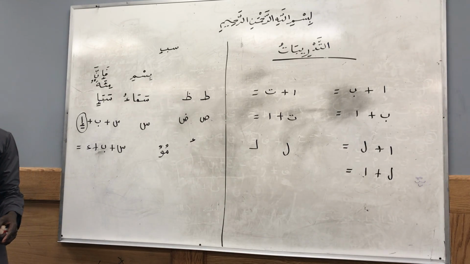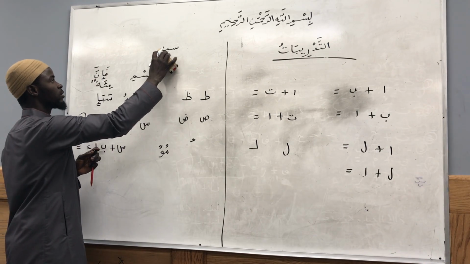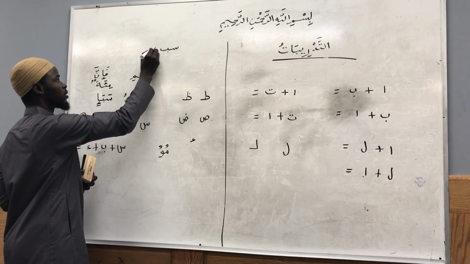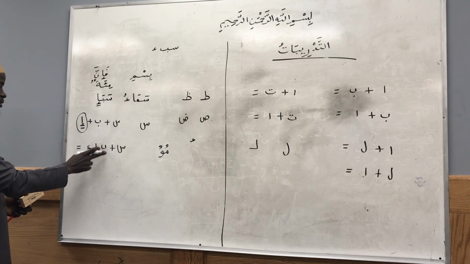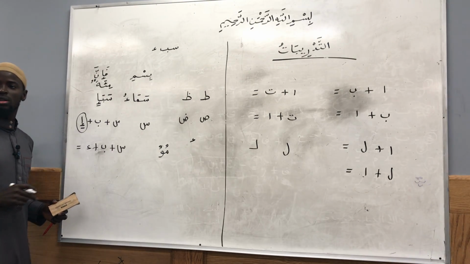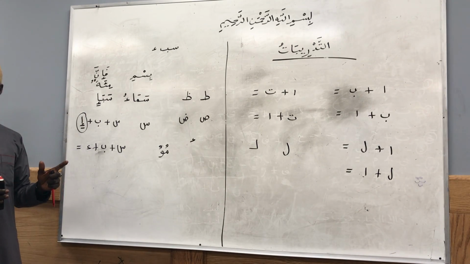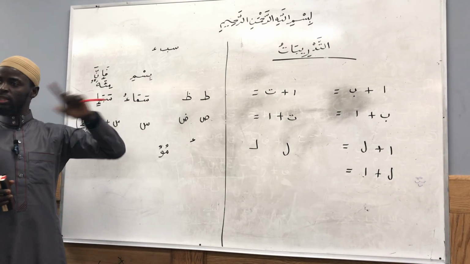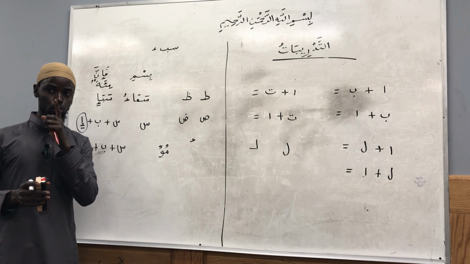Okay, the correct way is for you to put the Hamza separate. That's the correct way to write it: sin, ba, plus Hamza. You don't put the Hamza on top of anything. That's why I explained this to you before.